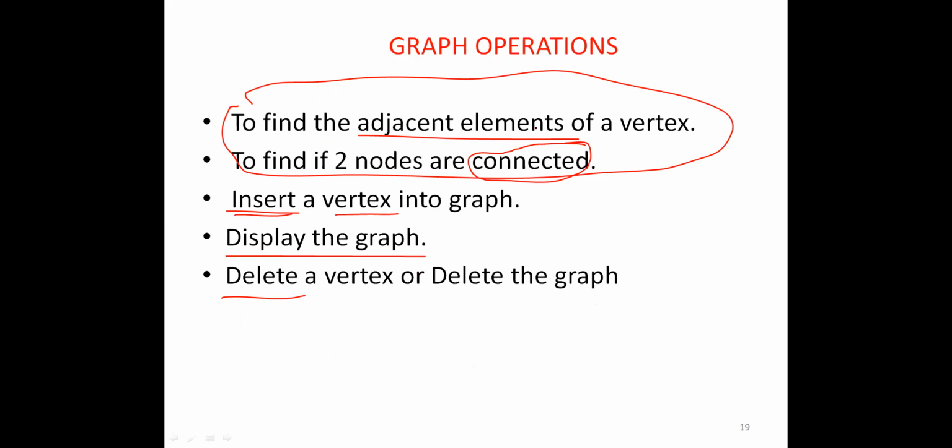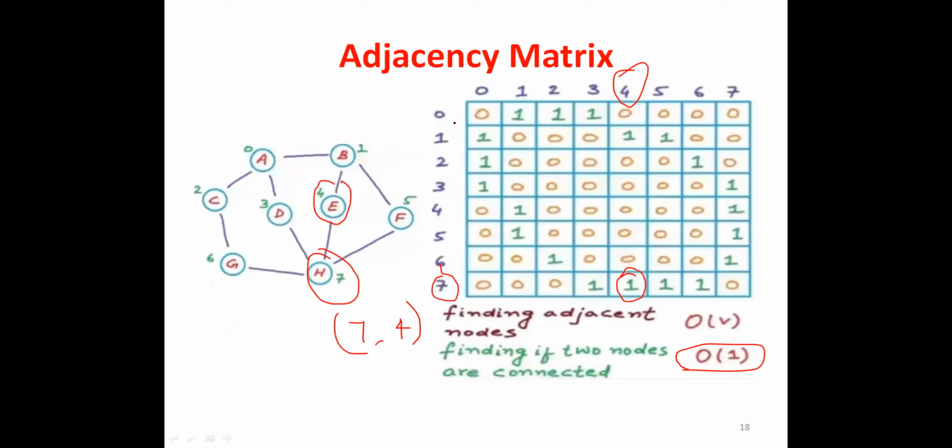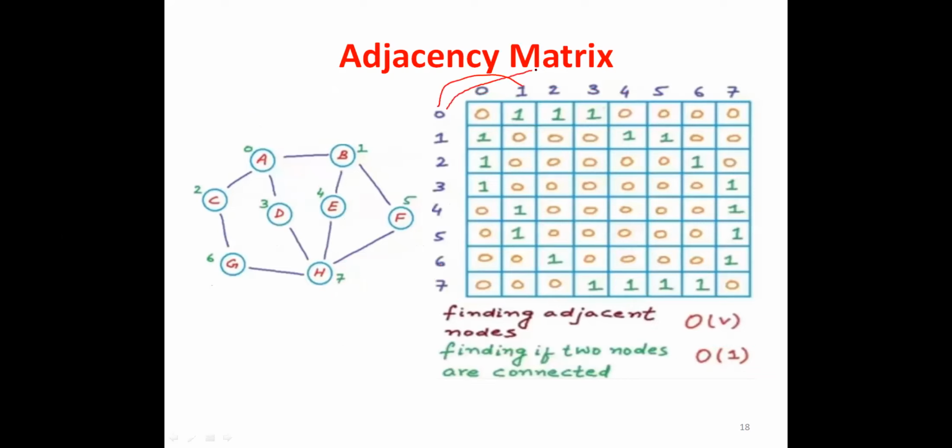Here we can find that when you take the first row, it consists of 8 cells, and only three cells are utilized efficiently. Why? Because only 0 1 is connected and 0 2 is connected. For example, consider a weighted graph.